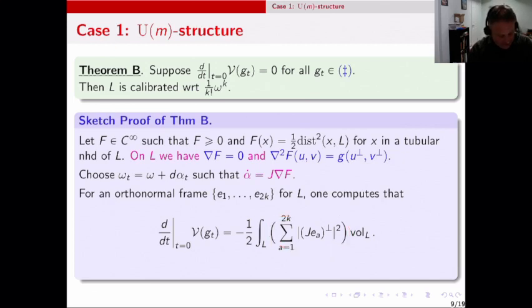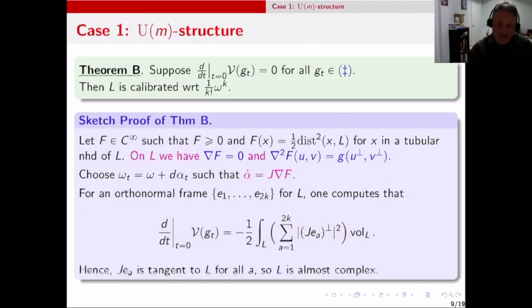If that's 0, each of these things is 0, and that means that for each tangent vector to L, if I apply j to it and then project to the normal part, I get 0. So j of e_A is tangent to L for all A, and therefore j takes tangent vectors to tangent vectors, so it's an almost complex submanifold.